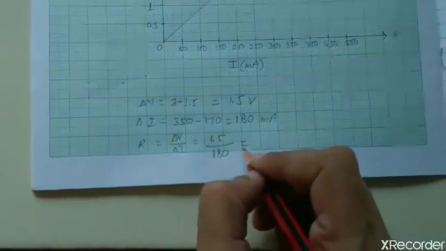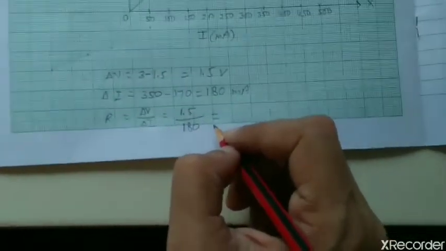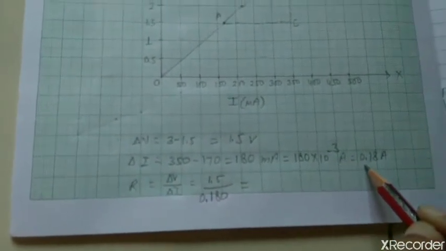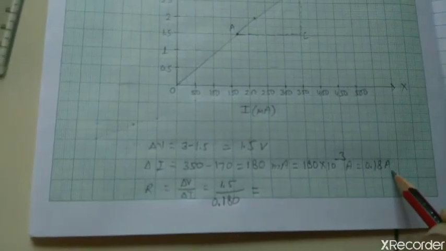So here the value of resistance is, you know the reading of current is in milliampere, so we have to convert into ampere. So 180 milliampere is equal to 180 into 10 to the power minus 3 amperes, that is 0.18 ampere.